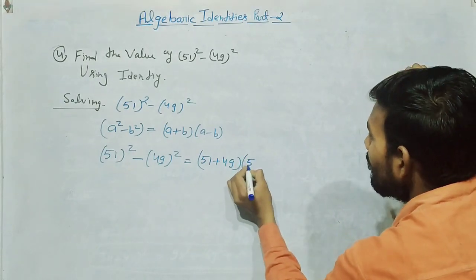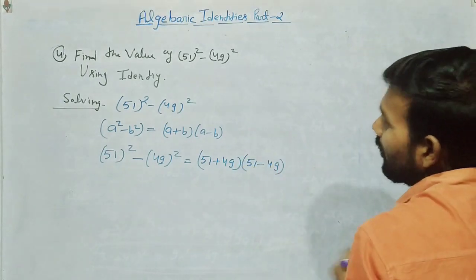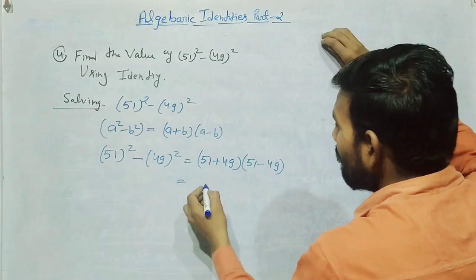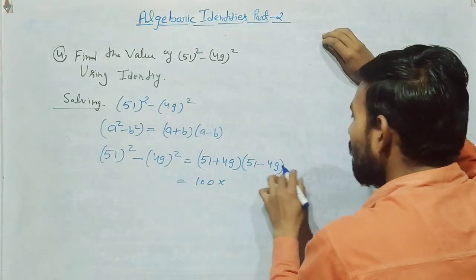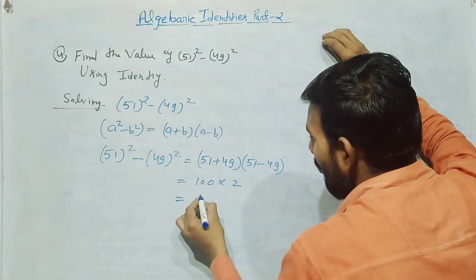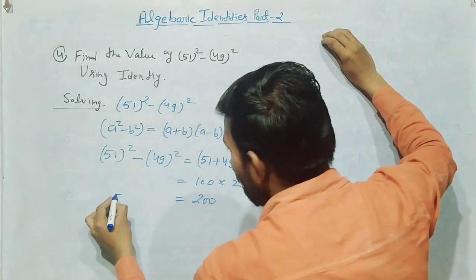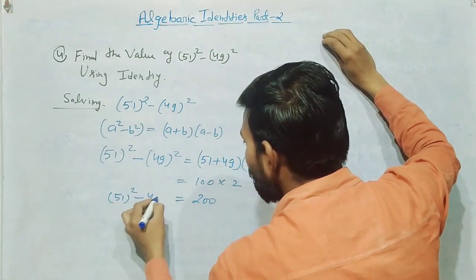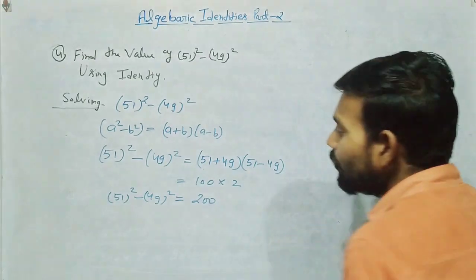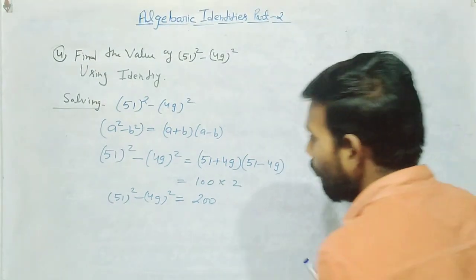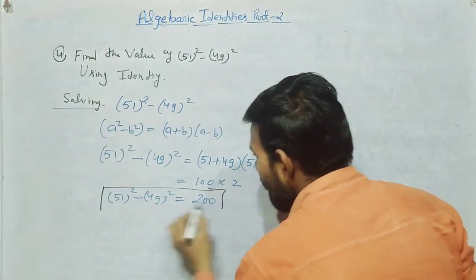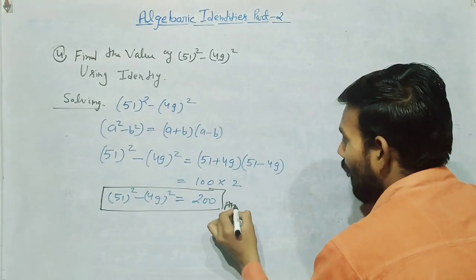A minus b, 51 minus 49, 2. So we have the result 200. 51 to the square minus 49 to the square gives 200. So the value of the given expression is 200. It is also very easy.